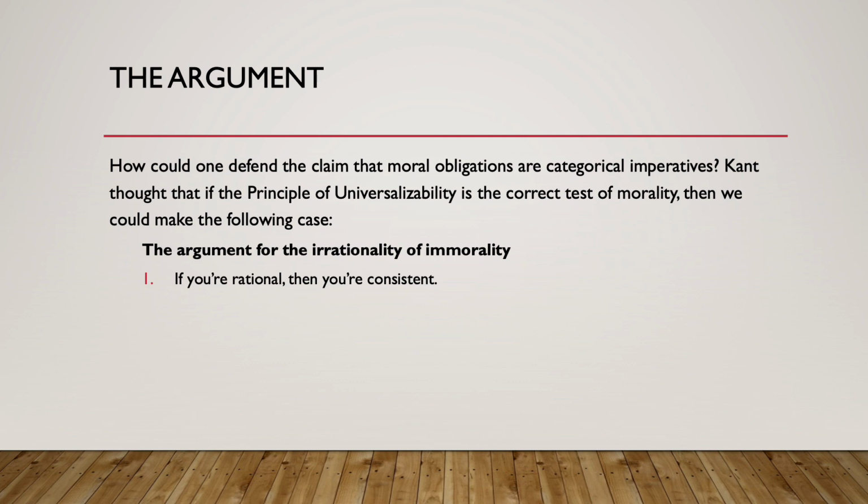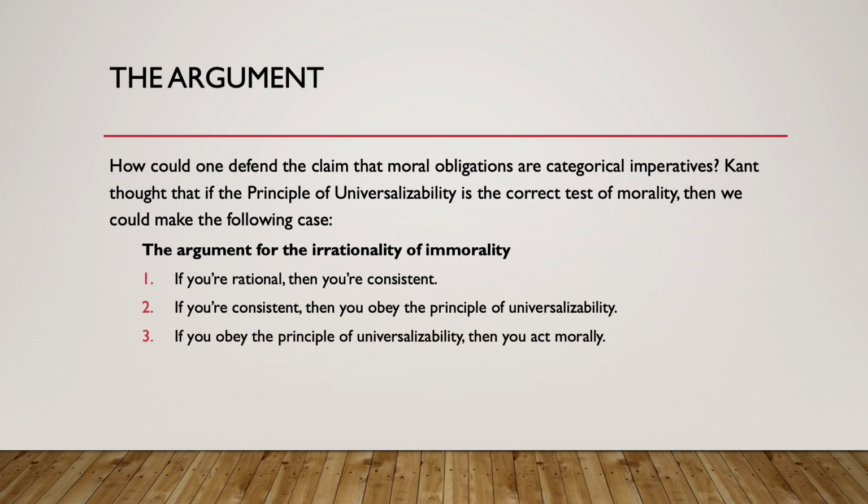All right, so rationality seems to require consistency. But that is, if you're consistent, then you obey the principle of universalizability. Because remember, the principle of universalizability was testing whether you could consistently apply your principles. If you obey the principle of universalizability, then you act morally, according to Kant.